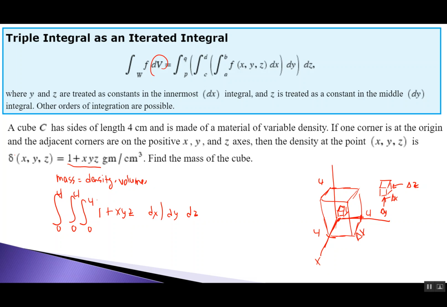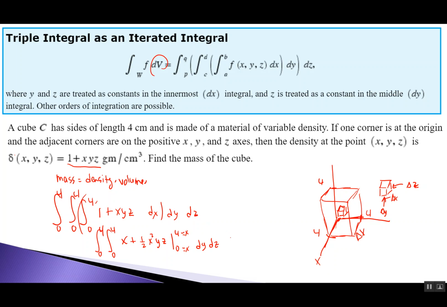So my first integral is to integrate with respect to x. That'll give me x plus 1/2 x squared yz, integrated from 0 to 4, and those are x values. I still have a dy dz, and I still have an integral from 0 to 4 and an integral from 0 to 4.